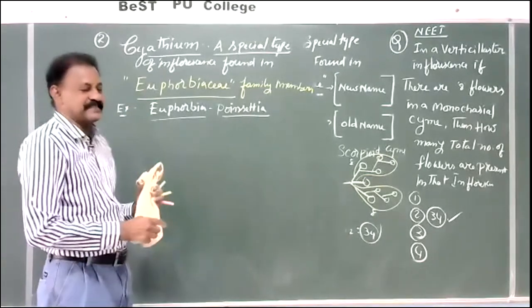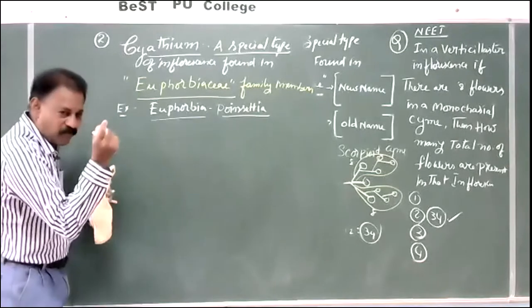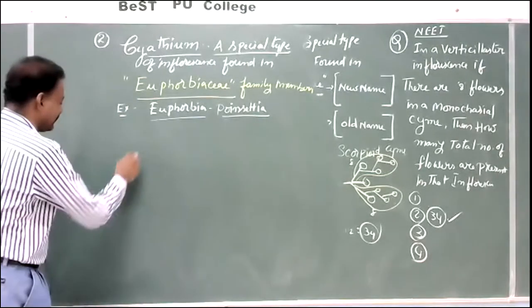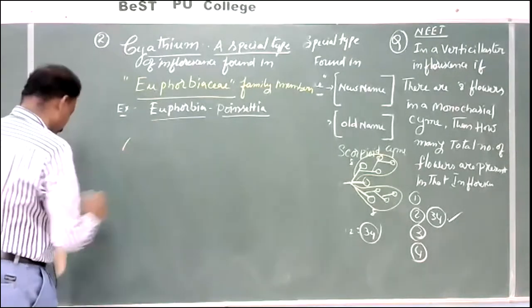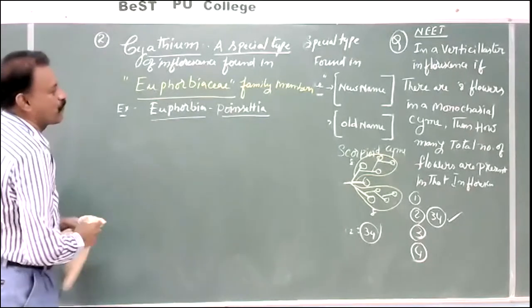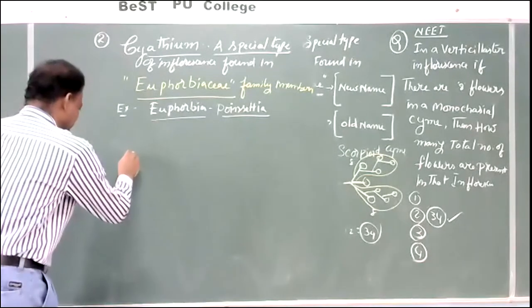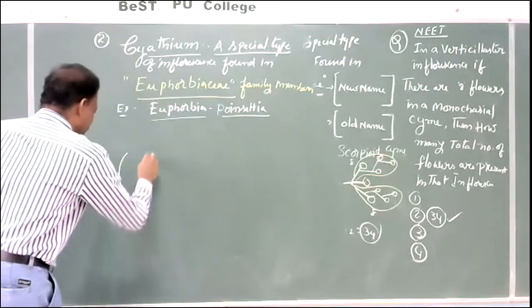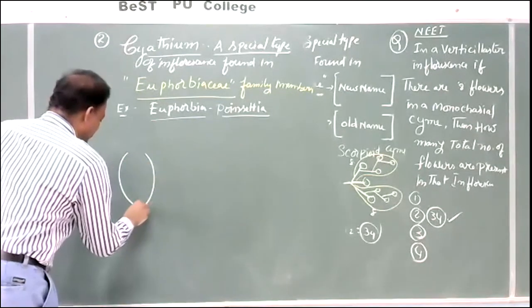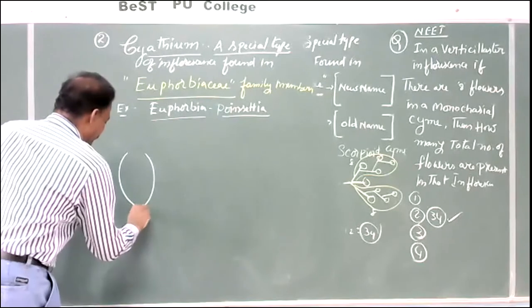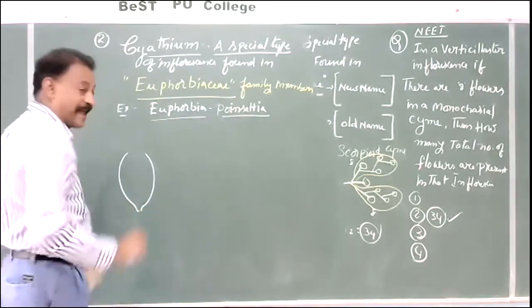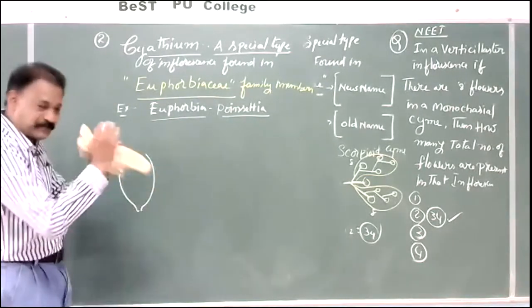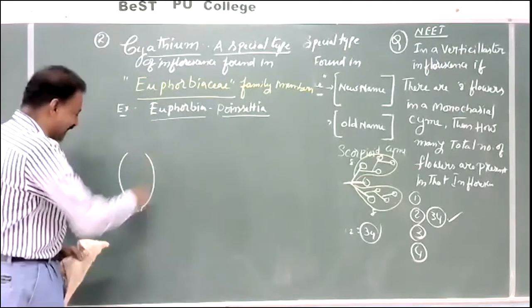Let us see this. This is small inflorescence here. The total inflorescence is covered by involucre of bracts, a cup-shaped structure, involucre of bracts.